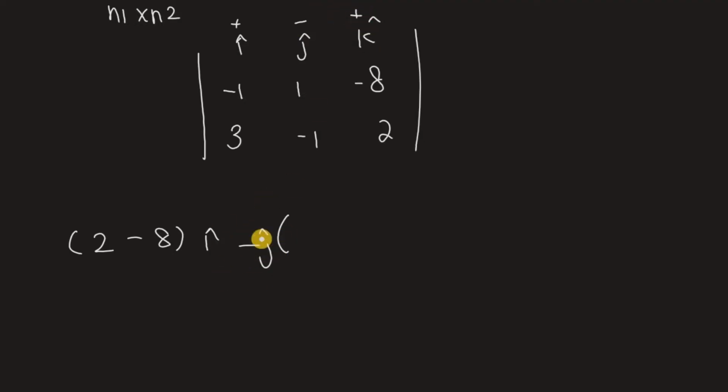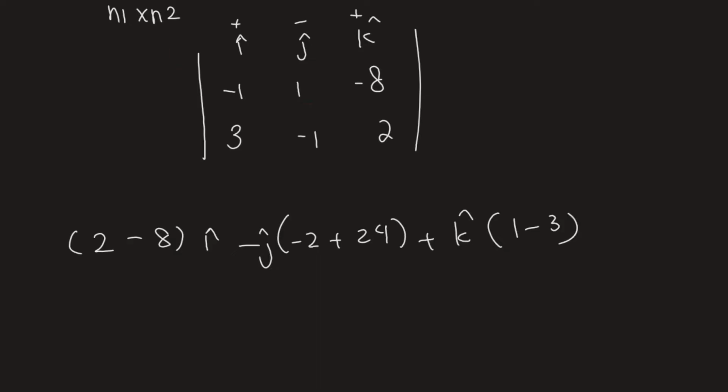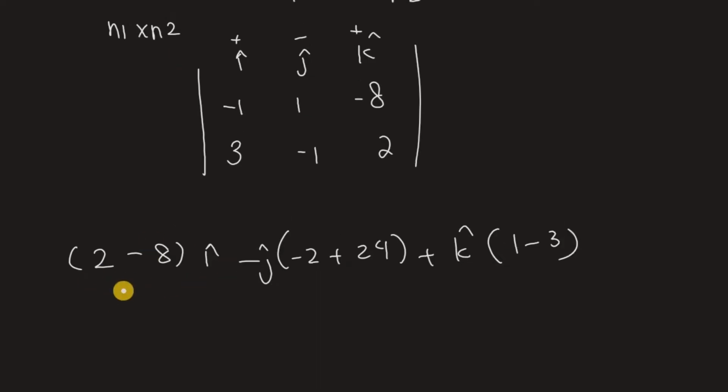Always remember this is negative j. 2 plus 24 plus k hat, and then for the k hat you do the same thing, crossing out this, times this, times this. Now if you do the math, this gives you -6 i hat, and this negative multiplies the inside, so then it becomes -2 j hat and -2 k hat.